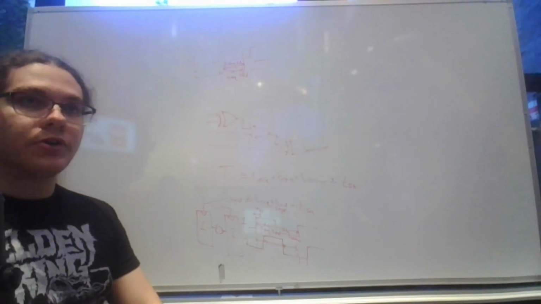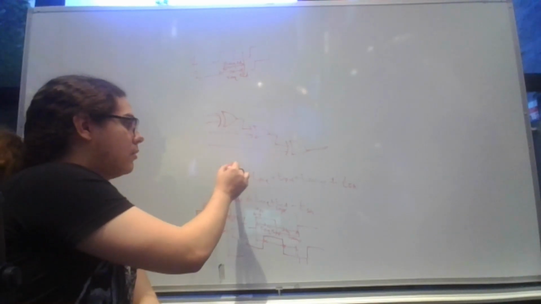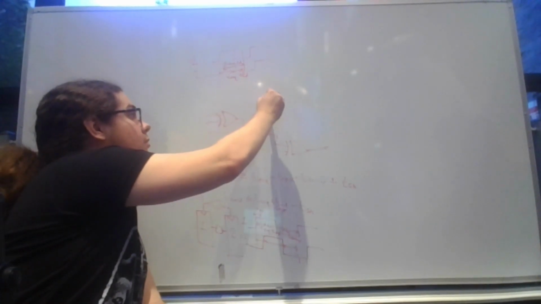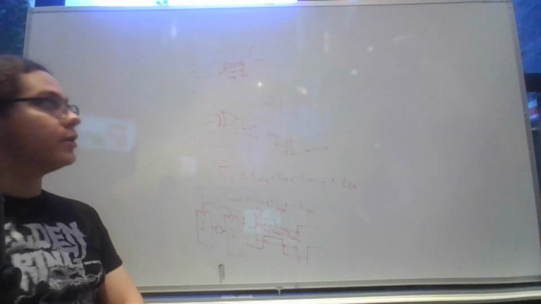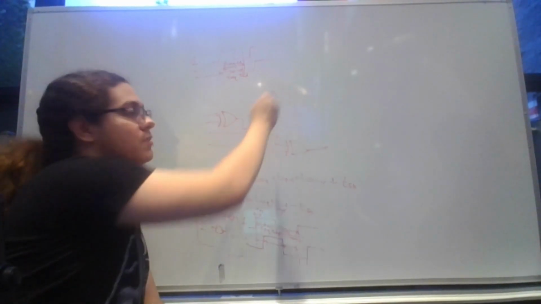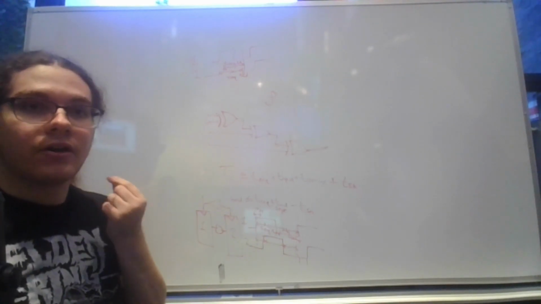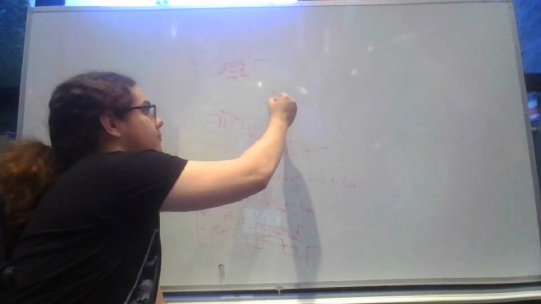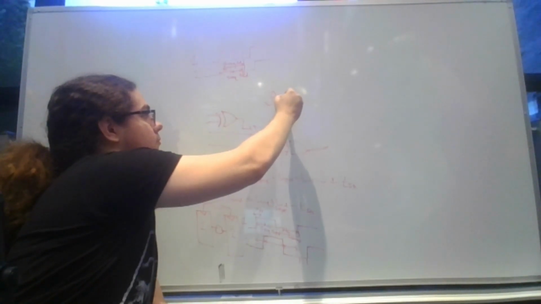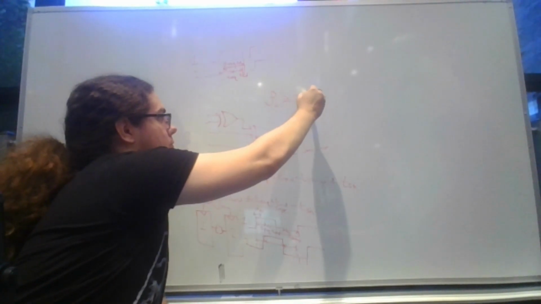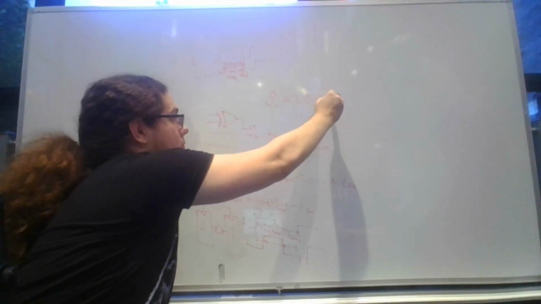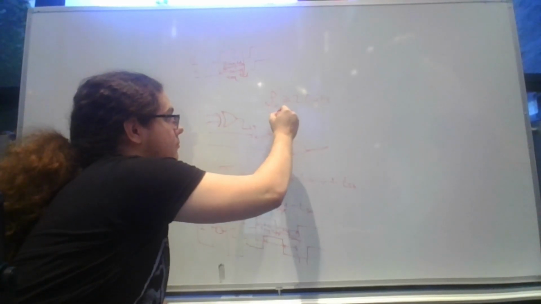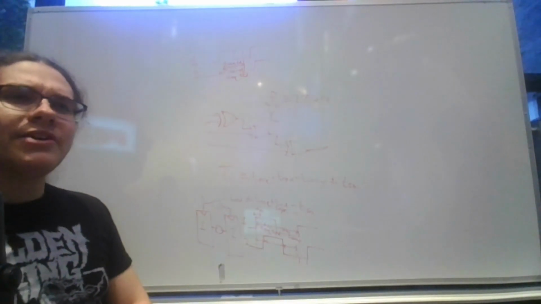And so here's what we want to do. We want the frequency of our circuit to be at least 2 gigahertz. So we want it to be able to run at 2 gigahertz. What does that tell you about your cycle time?